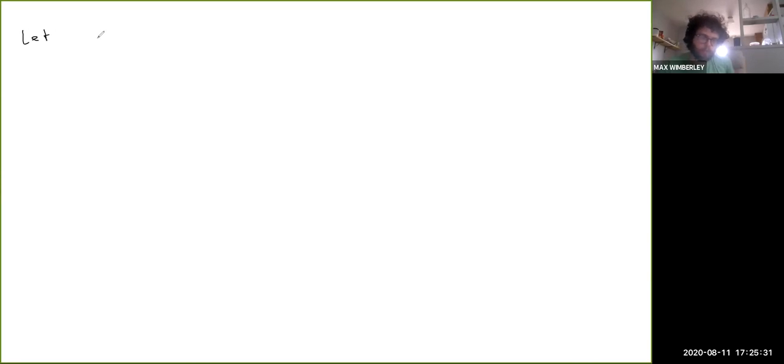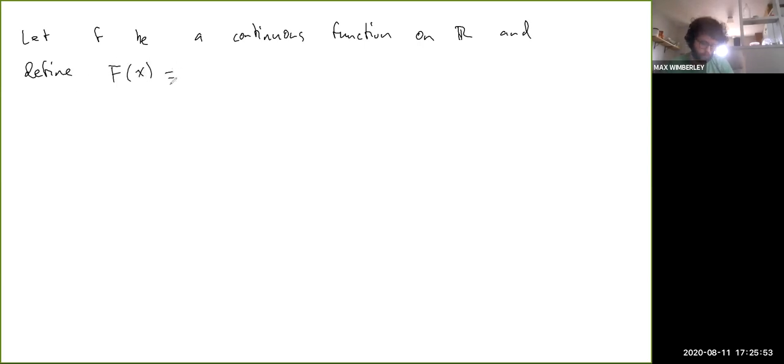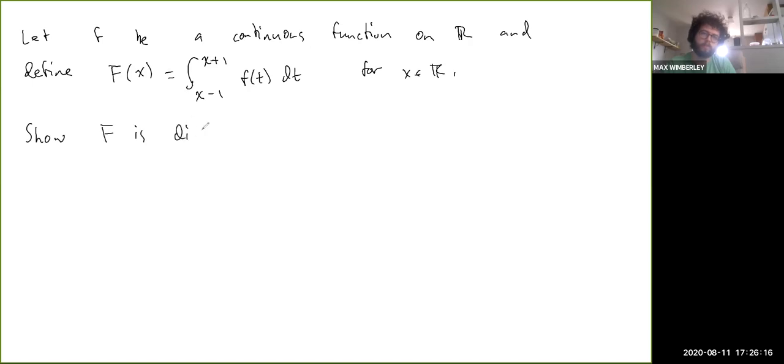So let f be a continuous function on R and define capital F of x equals the integral from x minus 1 to x plus 1 of f of t dt for x in R. Show F is differentiable on R and compute F prime.